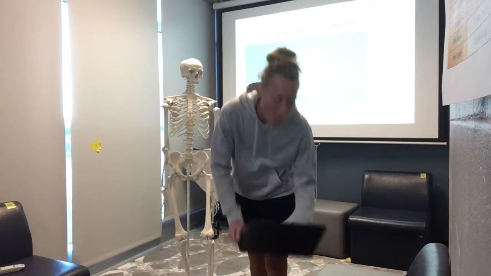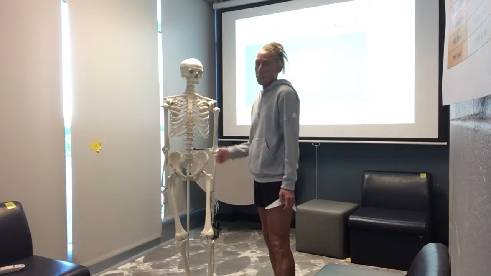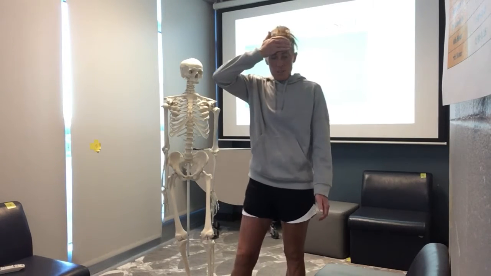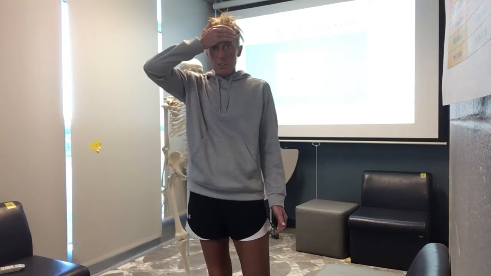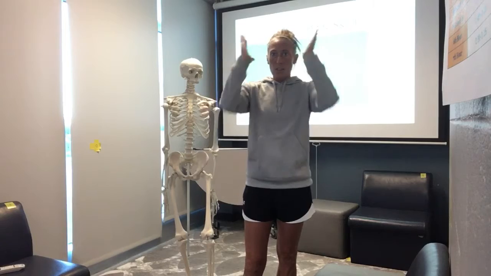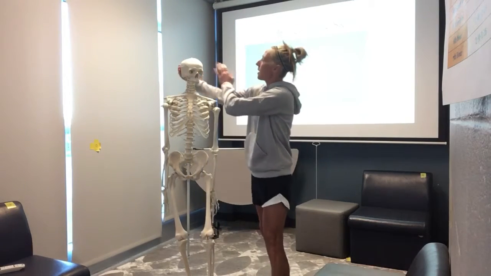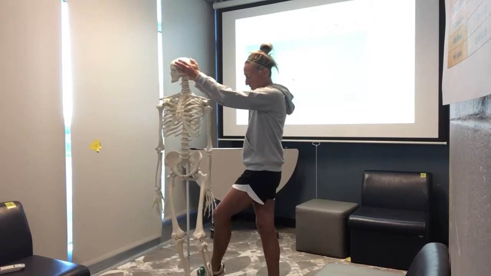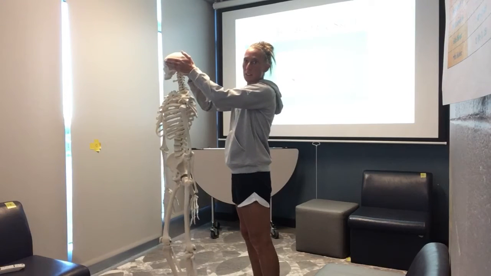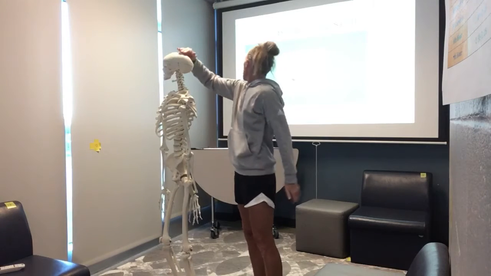All right, the bones of the skull is first. Number 10 is here on the front. Number 11 is on the sides of the skull, amphiarthrotic joints where they come together.